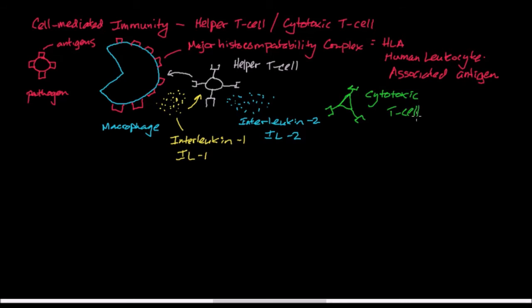So you can see that this cytotoxic T cell has a specific receptor that fits the shape of that particular antigen. Okay. Interleukin 2 attracts cytotoxic T cells, but it also stimulates cytotoxic T cells to proliferate. Proliferate means to increase numbers. In other words, your body is trying to raise an army to fight a war.